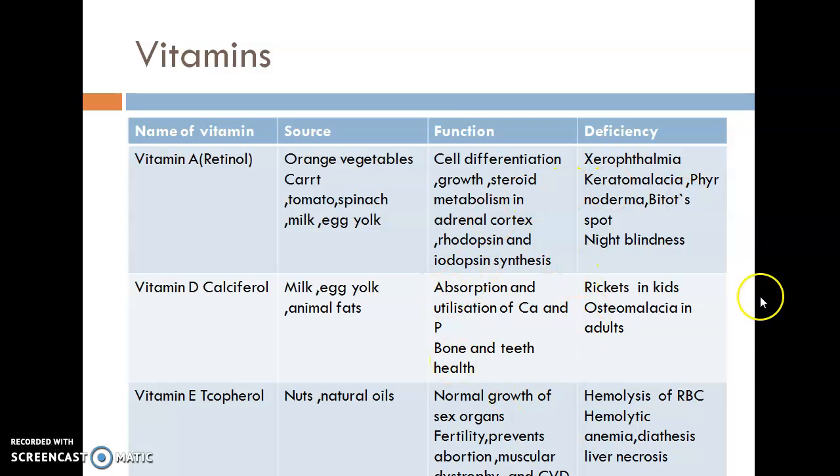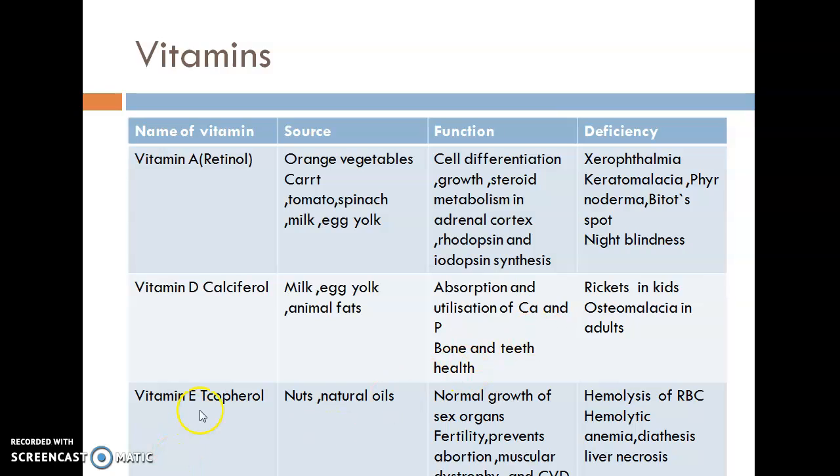The deficiency will cause rickets in children and osteomalacia in adults, that is, the bending or arching of the leg bones occurs when there is deficiency of vitamin D. It also leads to joint pain. Presently, individuals with vitamin D deficiency experience a lot of body pain and bone and joint pains.